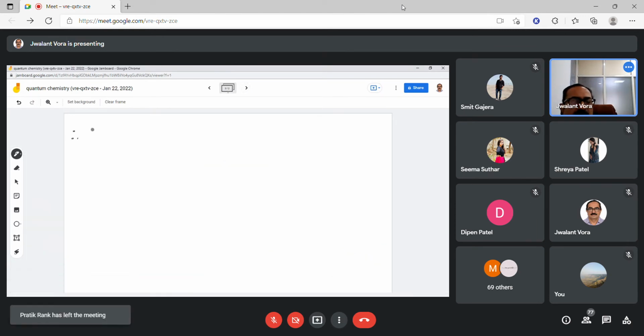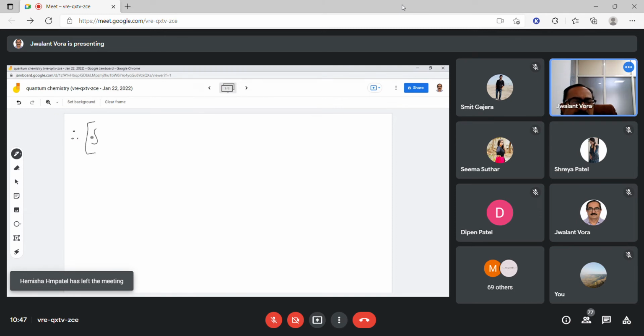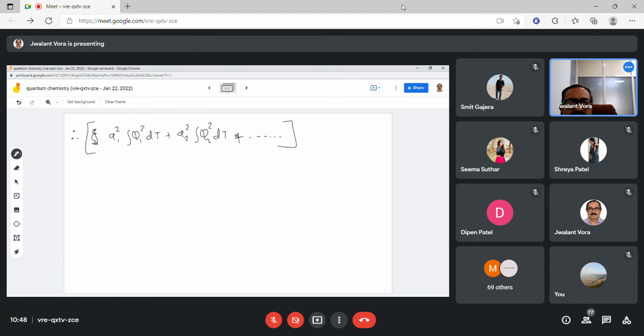So therefore integration પહેલો part લઈએ, a1 square ને બહાર કાઢી લઈએ, integration phi 1 square d tau plus a2 square integration phi2 square d tau and so on, પહેલો પાર્ટ કમ્પ્લીટ થયો. બીજા પાર્ટને લઈએ પ્લસ twice a1 a2 phi1 phi2 d tau, twice a1 a3 phi1 phi3 d tau plus and so on is equal to 1.